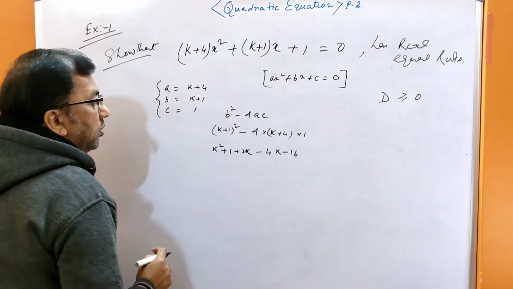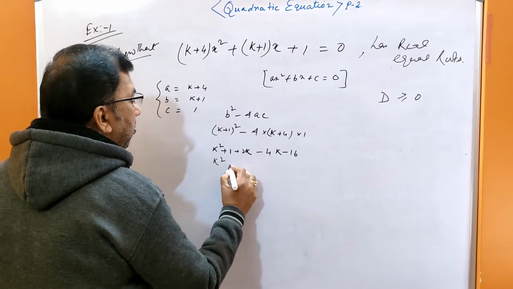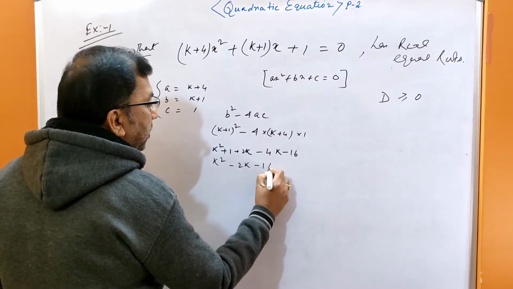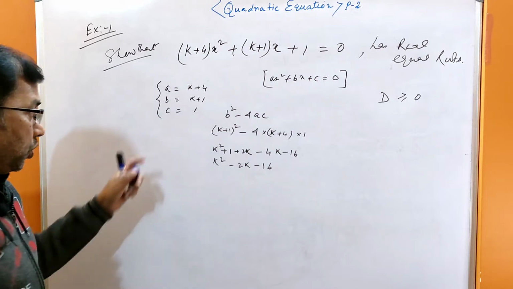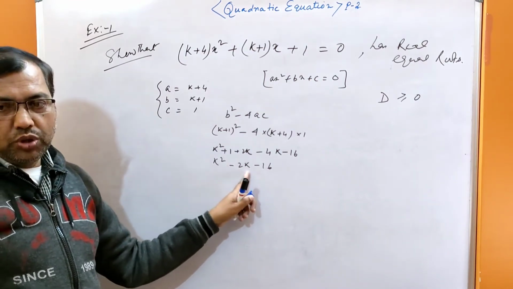Clear? k square minus 2k minus 16. So the value of b square minus 4ac is k square minus 2k minus 16.